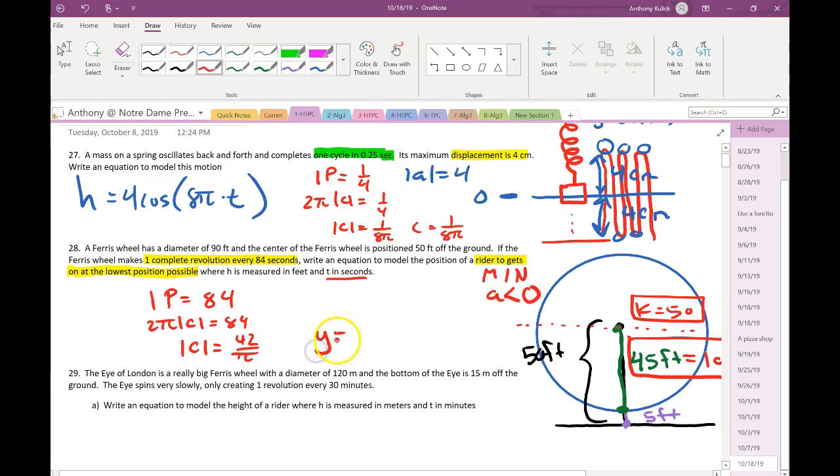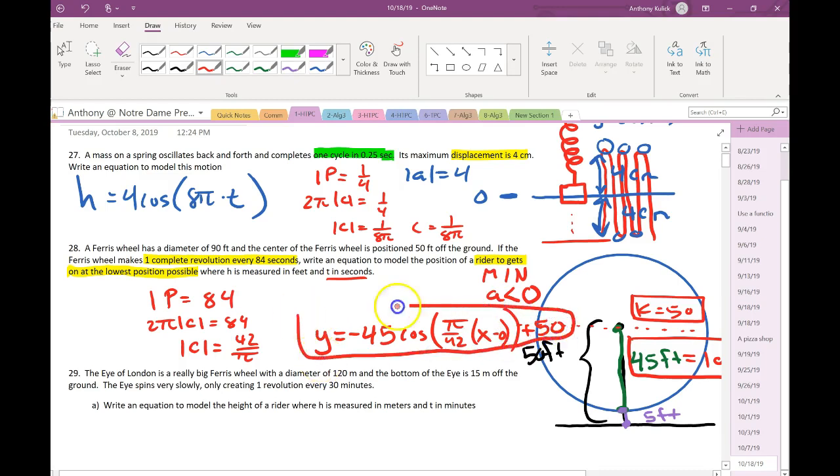So putting this all together, I have negative 45 cosine of pi over 42 x minus 0 plus 50. No, you do not need the minus 0. You could just simplify it down. I just chose to put it in there so everybody sees that the h is 0. Good for you.